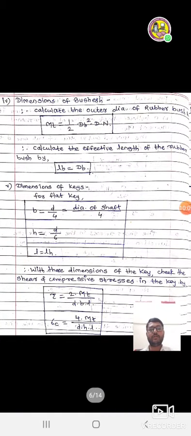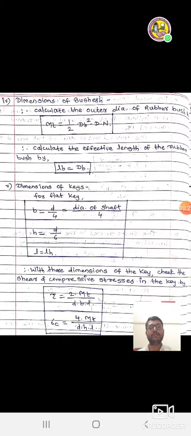Next important parameter is dimensions of bushes. Calculate the outer diameter of the rubber bush dB using the equation Mt equal to 1/2 dB square D into n. Then next, calculate the effective length of the rubber bush, LB equal to dB.